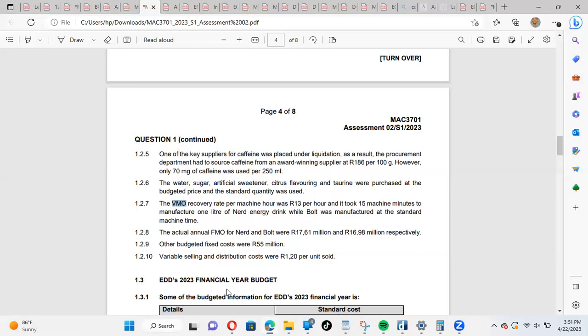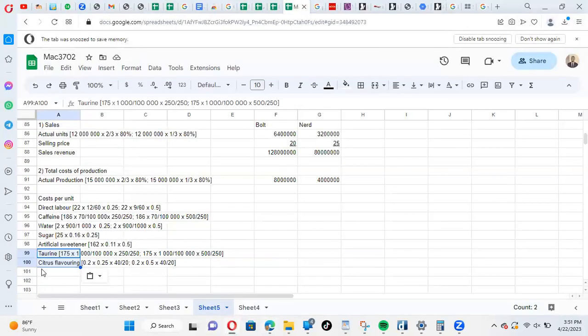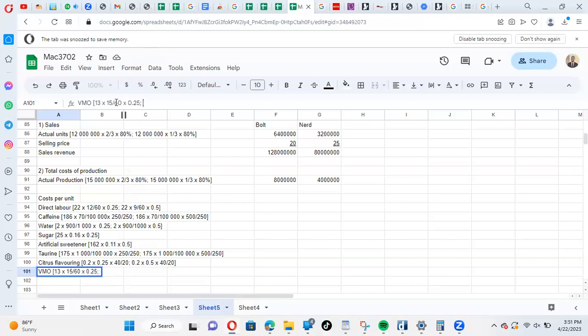So our VMO is going to be 13 times 15 over 60 times 0.25, and then 13 times 15 over 60 times 0.5. Okay, we have that.